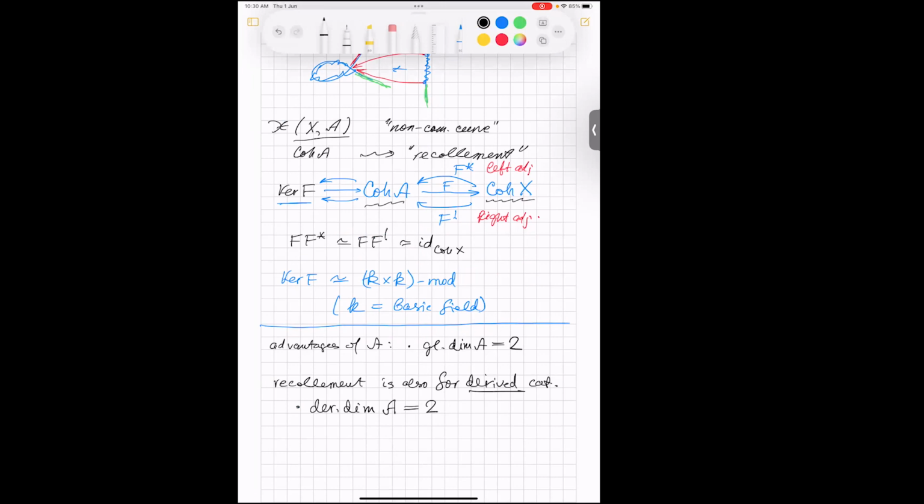It is not evident, but one can prove that the dimension of the derived category as a triangulated category in the sense of Rouquier is 2. And since we have this recollement, this implies that the derived dimension of X is also 2. It is a rather new fact.